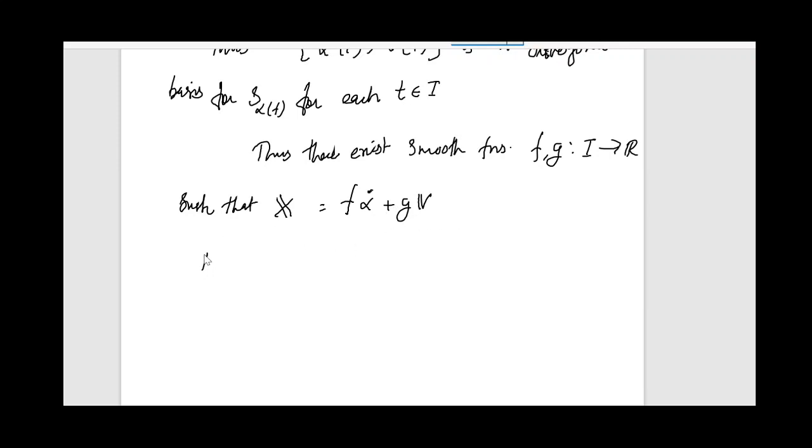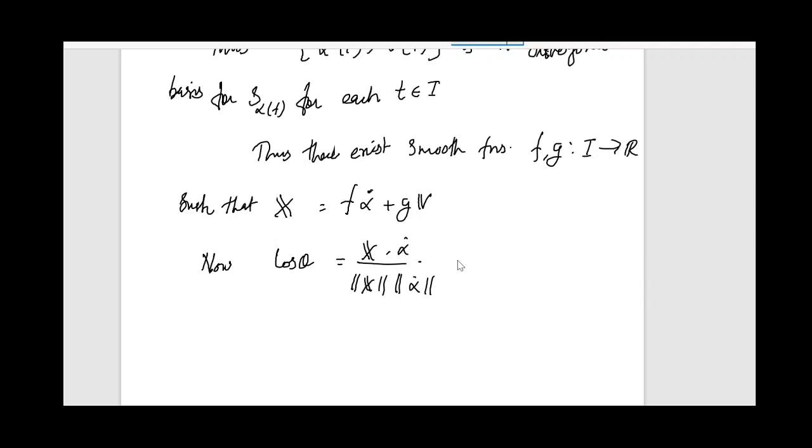Now cos theta is equal to x dot alpha dot by norm of x into norm of alpha dot.